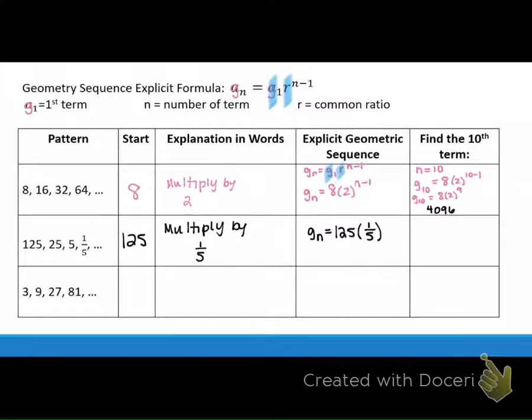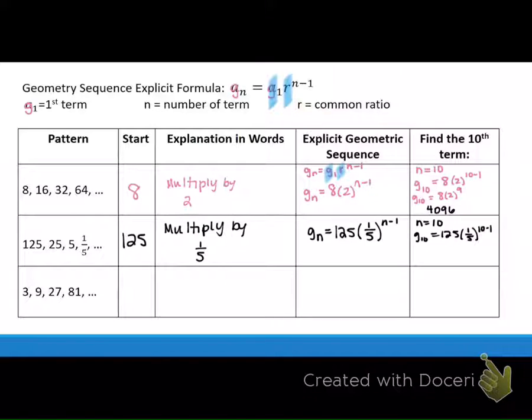You replace this with 125, you replace this with 1/5. What still needs to be in there? n minus 1. If we're finding the 10th term, n equals 10. So we substitute in 10 for n, which means we're really raising it to what power? 9.